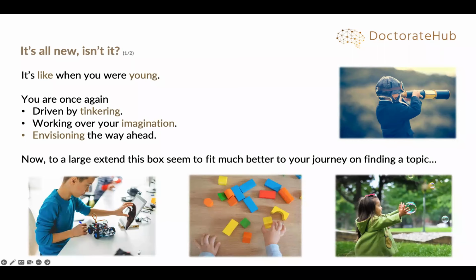This is, to a large extent, a box that seems to fit much better to any doctoral research student, in particular in the social sciences, where you have the freedom to choose your own topic and develop it. It's a new world. You can imagine, you can tinker, you can envision, you want to find out something. You are driven by ideas. That's all great.